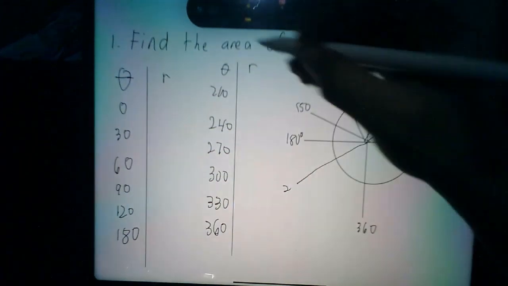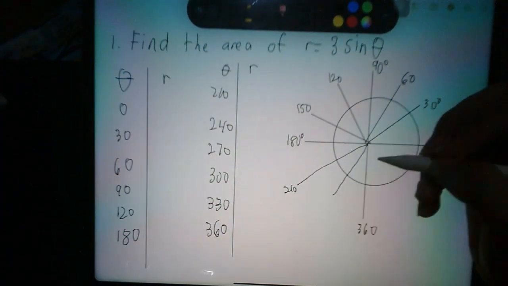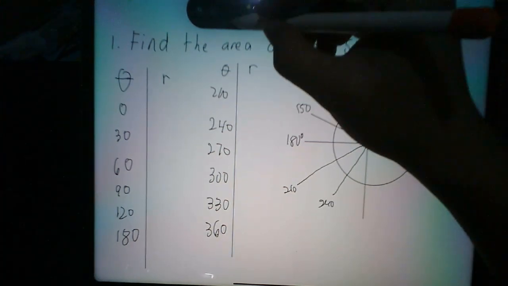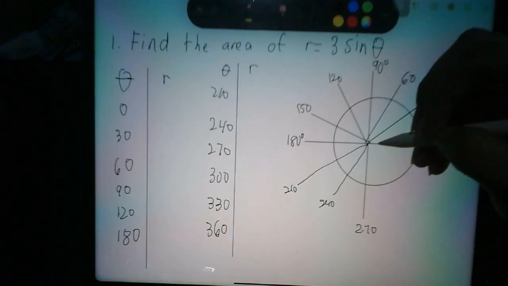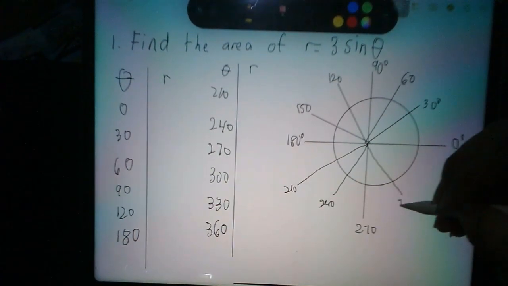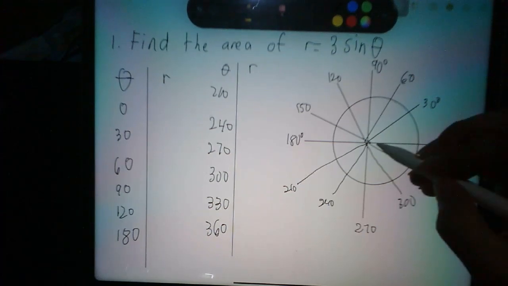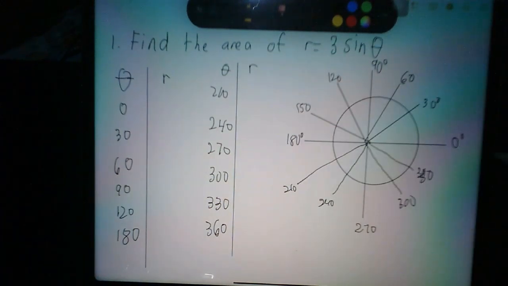Let me erase this. 210. This is 240. This is not 360. This is 270. 300, 330, and 360. The whole circle is 360.